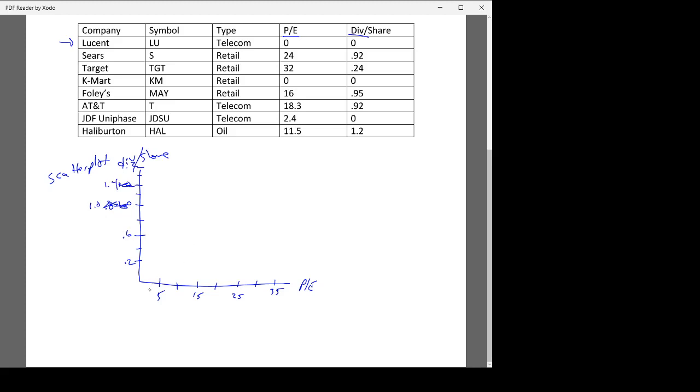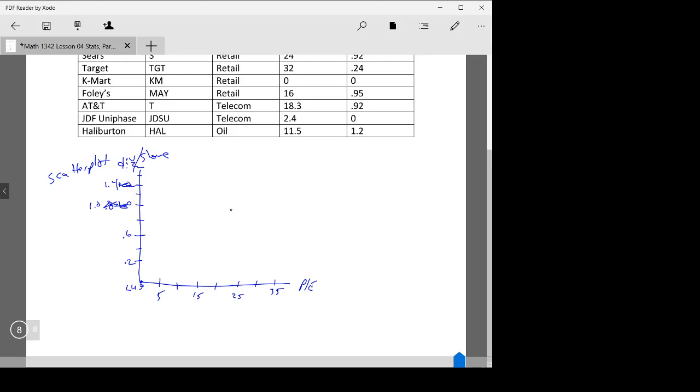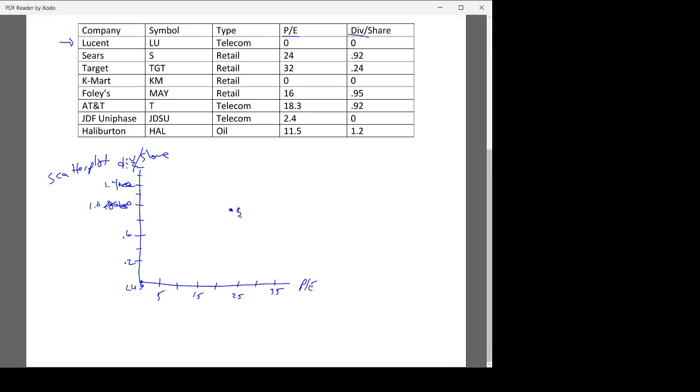And then the first one is Lucent, which is 0 and 0. So that was an easy one. There's Lucent. Draw a little arrow there. And then Sears, this is an old thing. So 24 and 0.92. So you go over to 24 and then up to 0.92. And that's Sears. I don't even know if they're still in business.